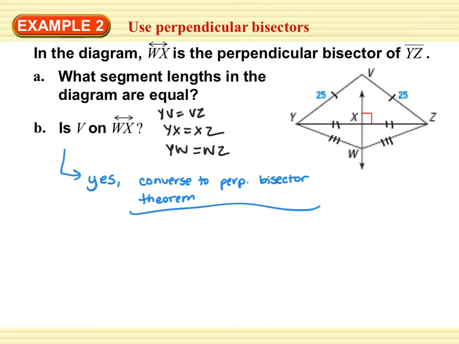Okay, and if you don't remember the name, it's because V is equidistant from the endpoints of YZ. Questions on that one?